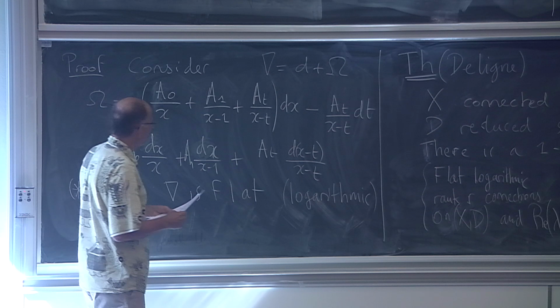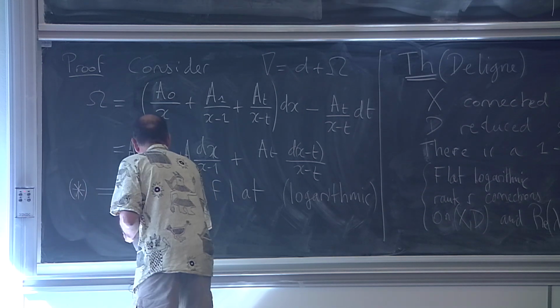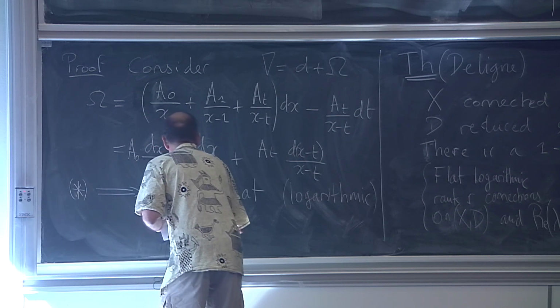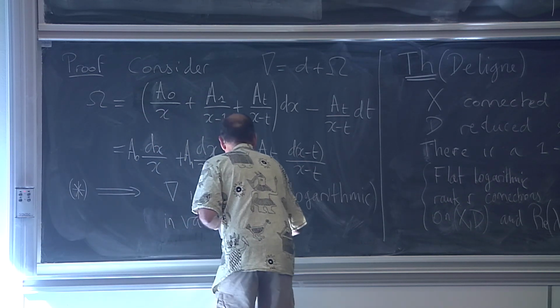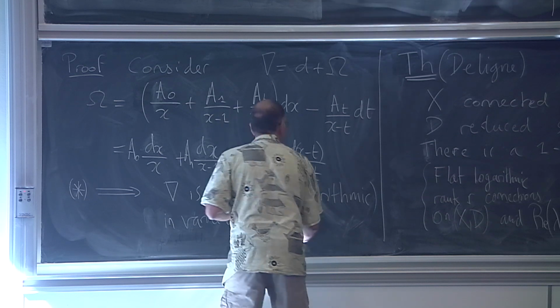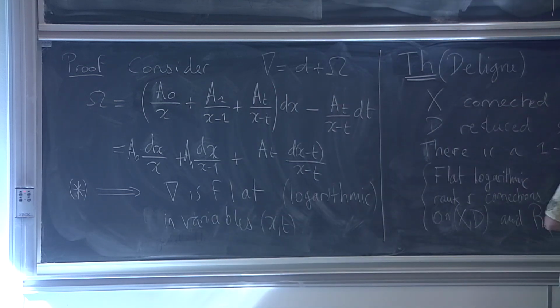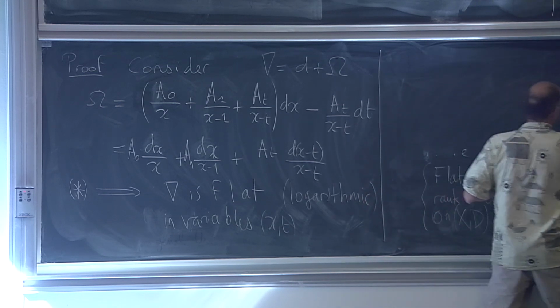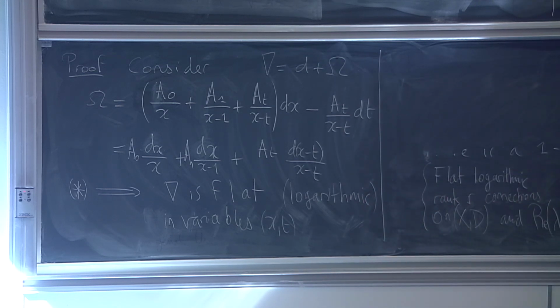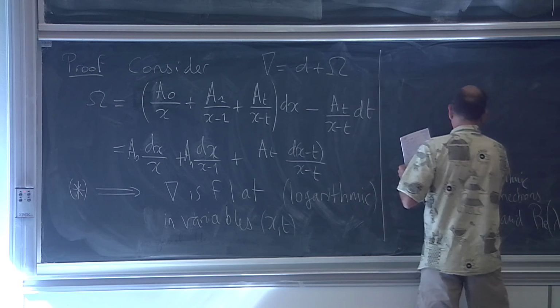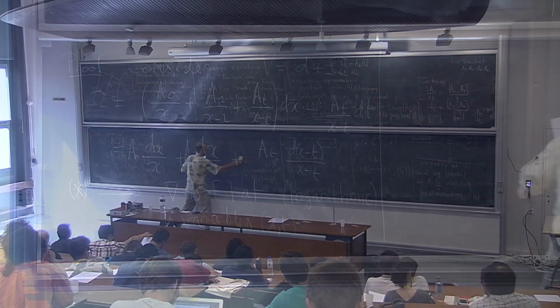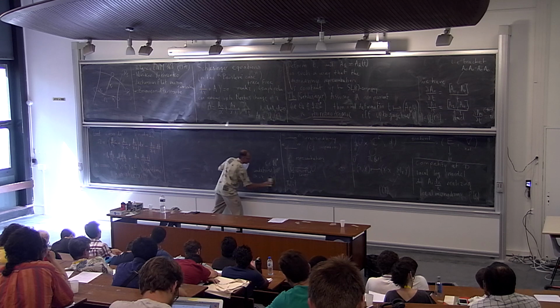This is a flat connection in variables x, t. So let me draw a picture. So I have extended the connection which was only in the x direction as a connection in all the variables, including the parameter deformation variable.